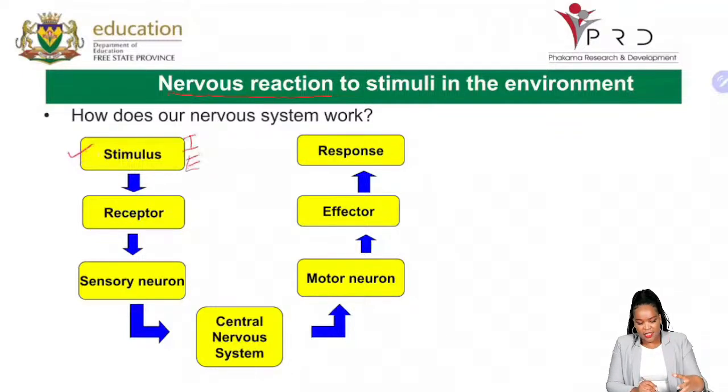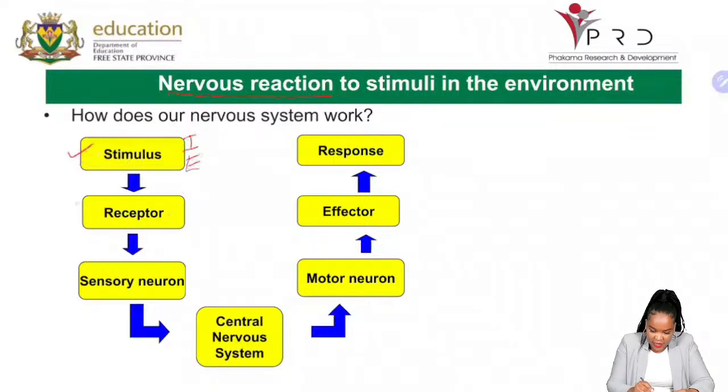So once there is a stimulus, the receptors here are going to sense that there is a stimulus or there is something that is going wrong. And then what are they going to do, these receptors? You find the receptors in your skin, in your muscles, in your organs. They receive the signal or they receive the stimulus from the environment.